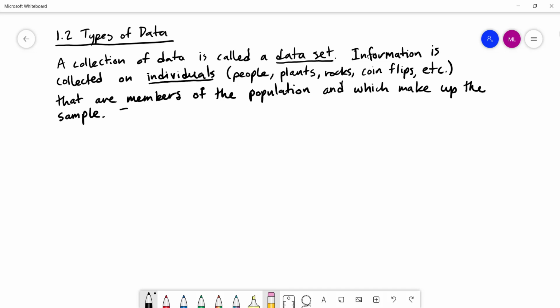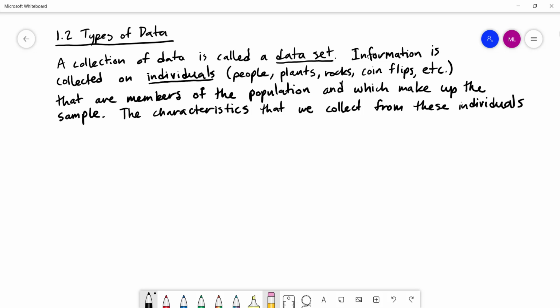The characteristics that we're interested in studying about these individuals, so the characteristics or types of outcomes or result or information that we collect from these individuals, is what we call variables.